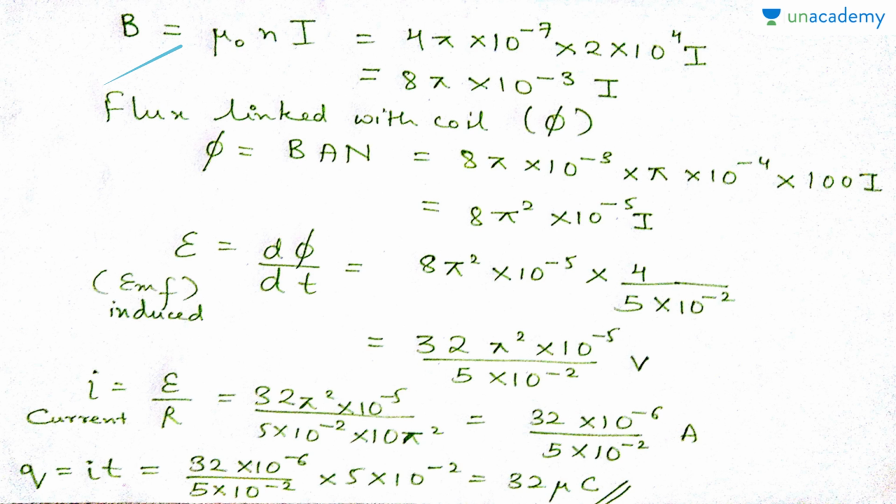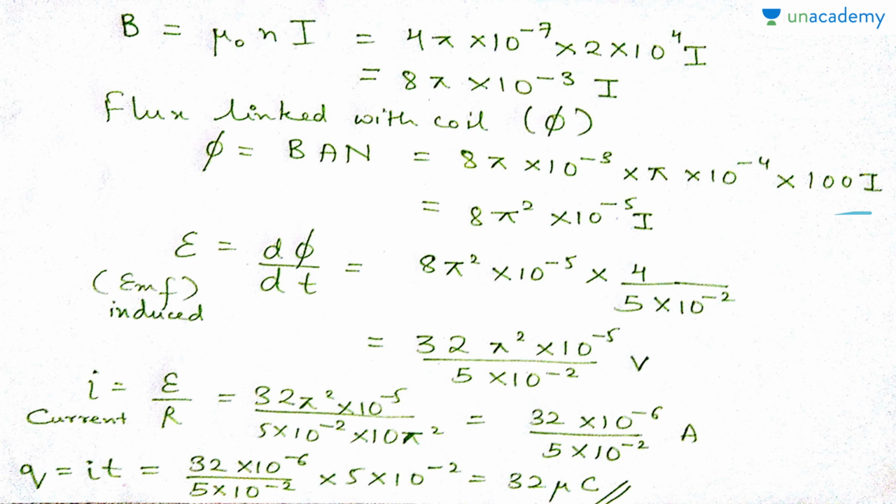Now we'll find the flux linked with the coil. The flux linked with the coil has the formula B A N. Remember, it's BAN. Okay, B we have already calculated, A we'll put the value, and N. So we put the value of B, 8 pi into 10 to the power minus 3 i, that I have written here.